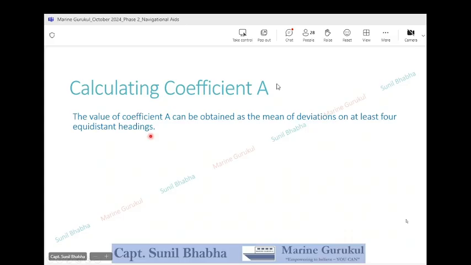Now let's take the ship on an easterly heading, note down the deviation, then southerly heading and westerly heading. So all the 4 cardinal headings, we swing the ship, take it to the 4 cardinal headings, and we note down the deviation on these 4 headings. Once you take a mean of these 4 deviations, it gives you the value of coefficient A for that particular ship.